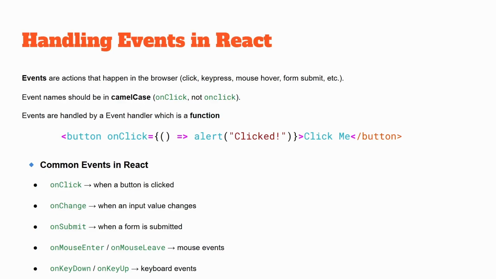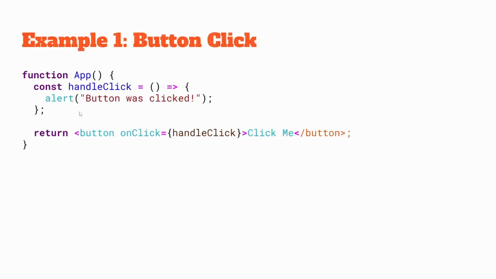An event handler is nothing but just a function defined inside the React app. Just look at this example. This is a React component, the component App, which has one function defined called handle click. This function only does one thing. It has an alert function, that's it.